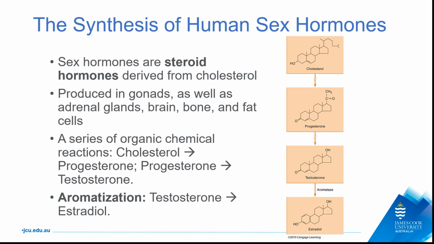So just be mindful of the cycle: from cholesterol to progesterone, then from progesterone all the way to testosterone. And we need testosterone to get estradiol. This is something to take note of: aromatization. For people who are extra feminine, this aromatization process is kicking in, so more estradiol than usual.